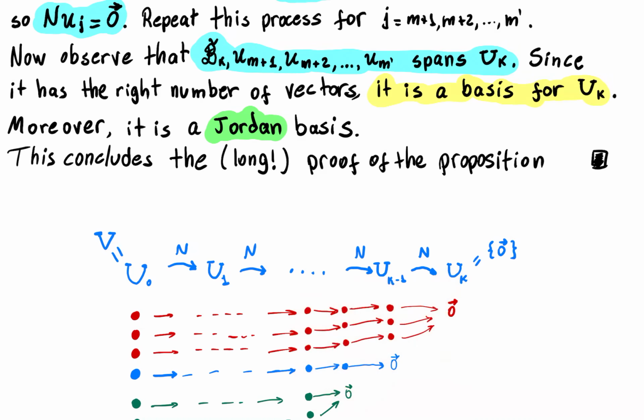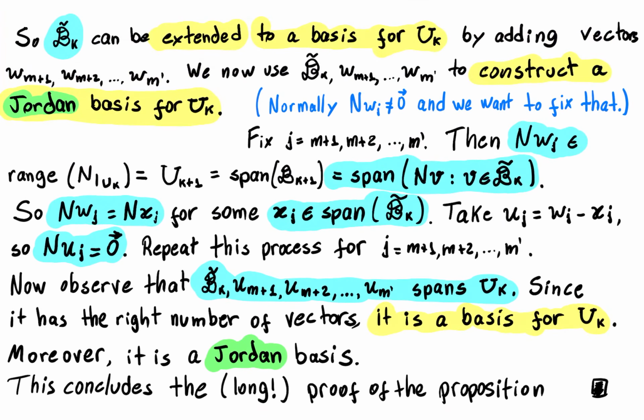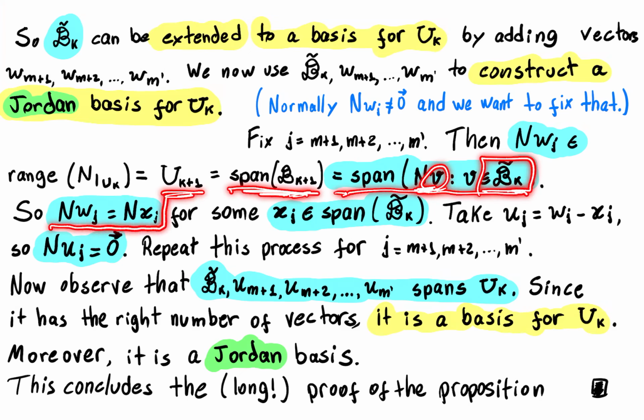Okay? So going back there, what's the point here? The point is that UK plus 1 is exactly the span of this vector that we had already, and that's exactly the span of n applied to the vectors in BK tilde. Okay? Which means n Wj equals n xj for some xj.